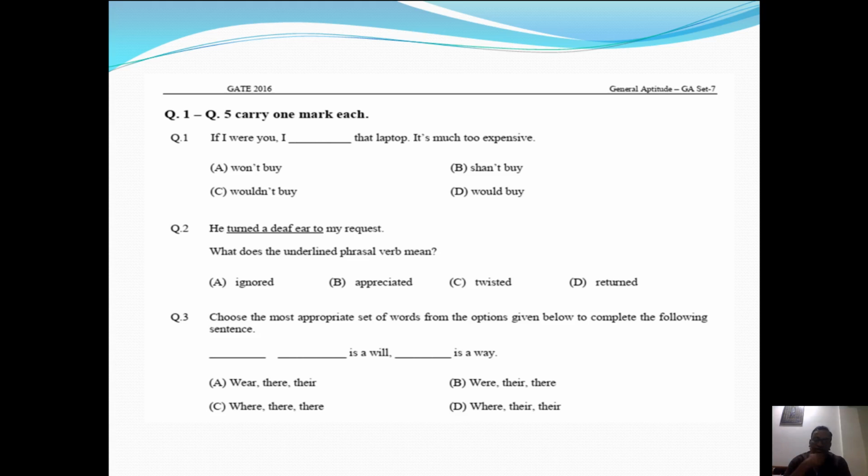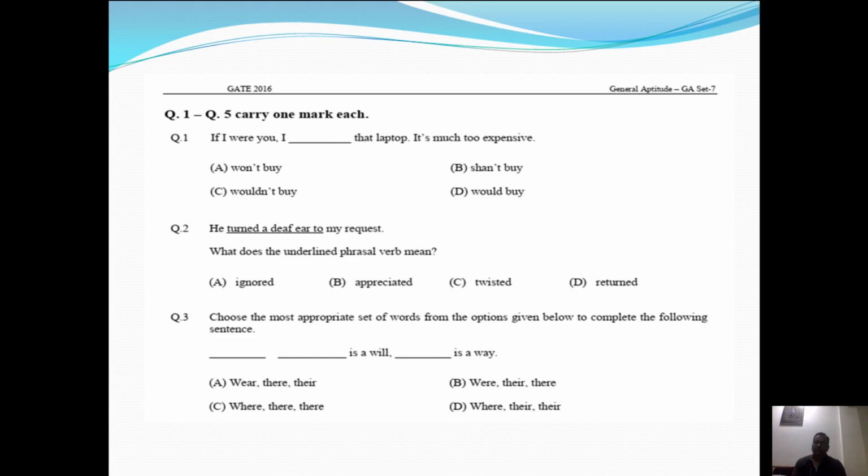Not THEIR, which is given in option D two times. We will have to give the correct option. Where there is a will, there is a way. So sometimes we have to read the sentence and try to understand the meaning of the sentence, and then only it will be possible for you.